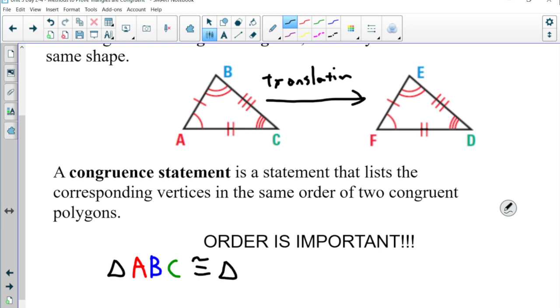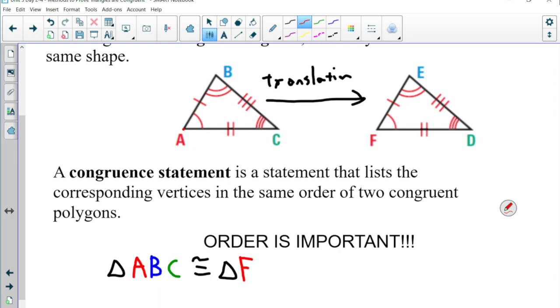So because I chose A, B, C as my order, I'm going to look and see, because I chose A first, I need to match it for what comes first in the other shape. So angle A, what did angle A match up with? Well, it matched up with angle F. So I'm going to put F first.